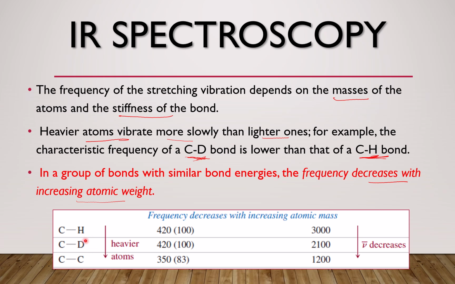As the atomic weight increases, the frequency of vibration decreases. For the carbon carbon bond, the frequency is 1200 centimeter inverse. For carbon deuterium it is 2100 centimeter inverse, and for carbon hydrogen it is 3000 centimeter inverse. So as the atom becomes heavier, the frequency decreases.